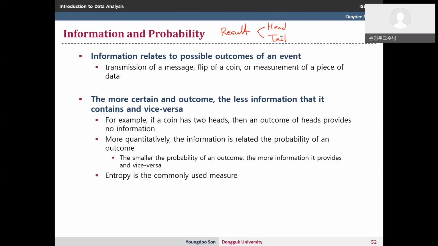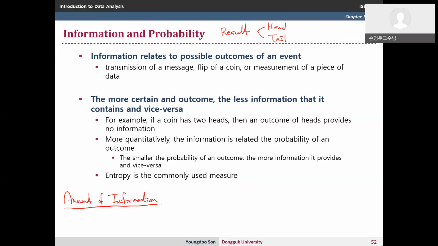However, the amount of information, which we need to define, is not the same for every outcome.